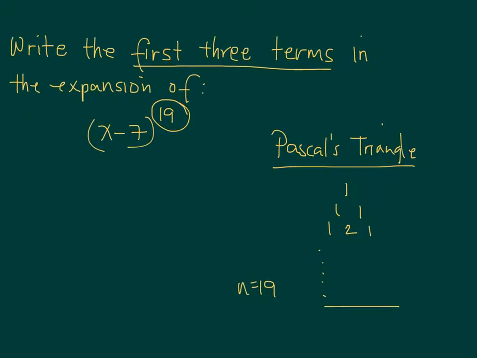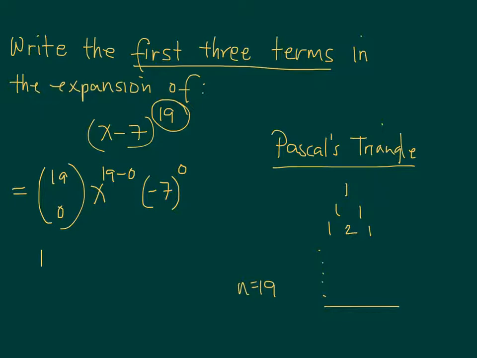So here, the first term in the binomial expansion of (x − 7)^19 is C(19, 0), the first term raised to 19 minus 0, and then the second term, negative 7, to the 0. Okay, so that's the first term.